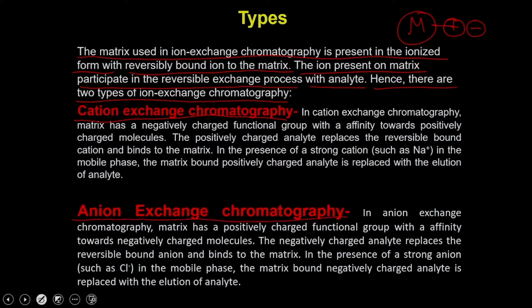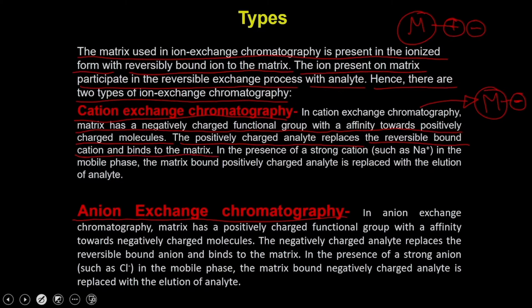As the name suggests, cation exchange chromatography is the chromatography where the matrix has a negatively charged functional group with an affinity towards positively charged molecules, which means the matrix is connected to a negatively charged group, and it has bound positively charged counter ions. The positively charged analyte replaces the reversibly bound cation and binds to the matrix.